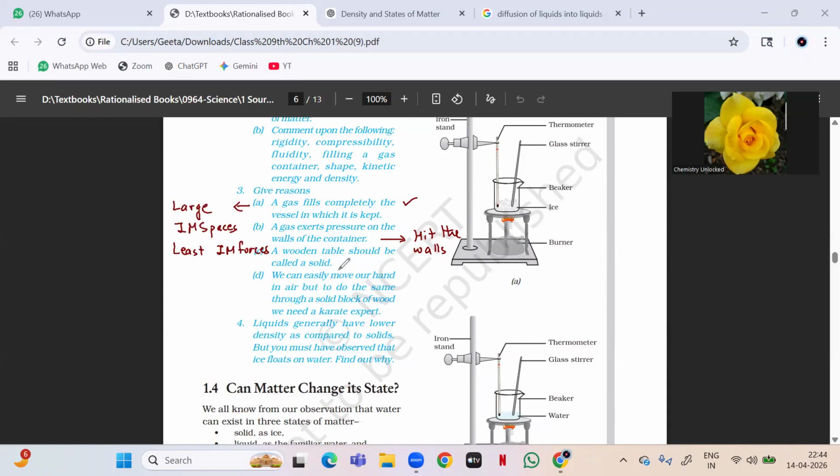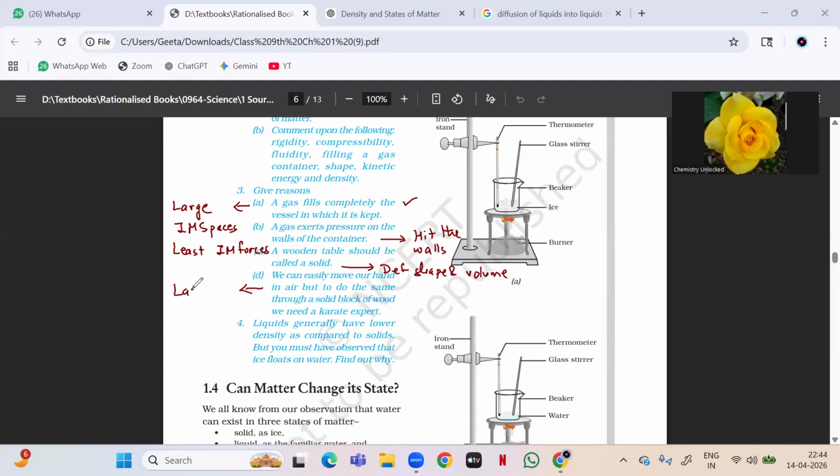A wooden table should be called a solid because it has a definite shape and volume. We can easily move our hand in air, but to do the same through a solid, we need a karate expert. Why can we easily move our hand in air?